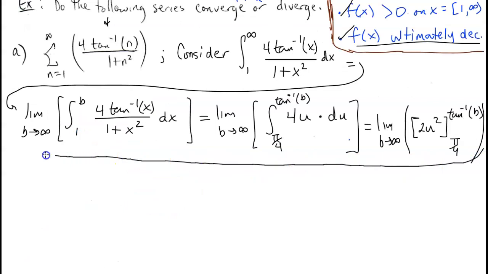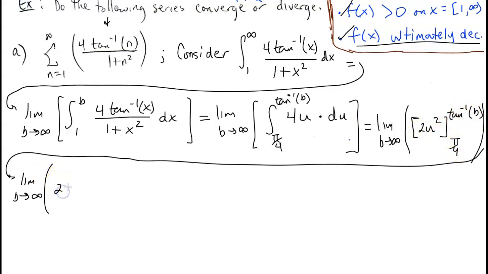All right, so now that we have that, this will be the limit as b approaches infinity. And now we're just going to be plugging in tangent inverse of b in for u here, and then pi over 4.